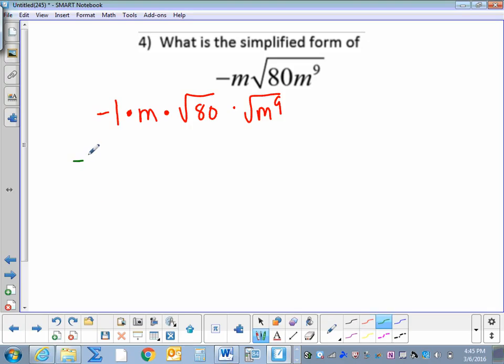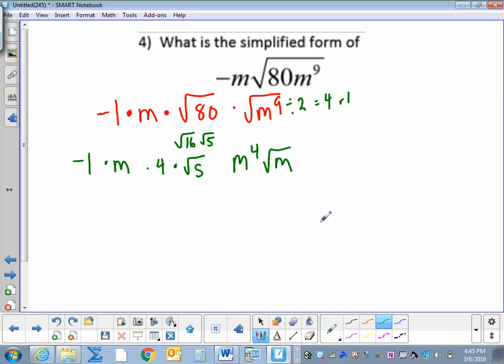So negative 1 times m, and the square root of 80 can be written as the square root of 16 times the square root of 5, which is 4 square roots of 5. M to the 9th, we divide the exponent by 2, is 4, with 1 left over. So m to the 4th times the square root of m.